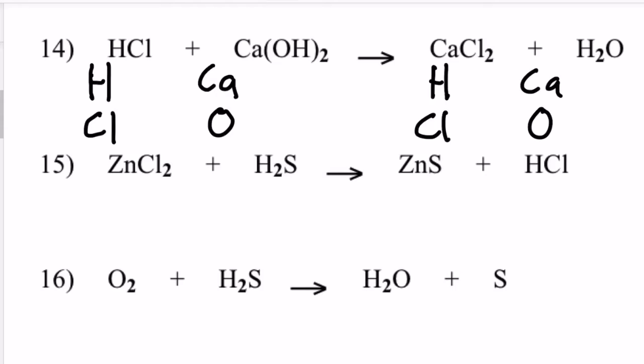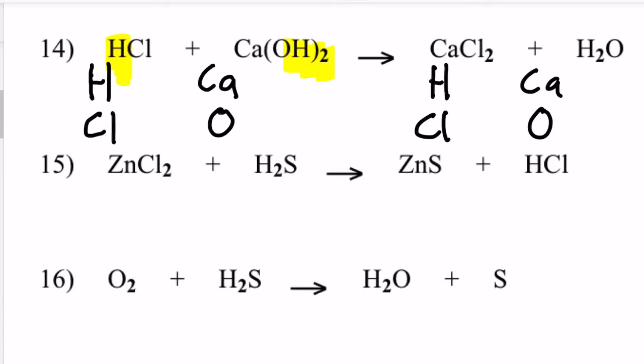H, Ca, Cl, O. So I have one hydrogen here, and here I have a hydrogen, but it's in parentheses. Now remember, if you have a subscript outside of parentheses, that means there are two of everything within them. So there are two OH groups, which means two oxygens and two hydrogens right there. So I have two hydrogens here, plus the one over here.